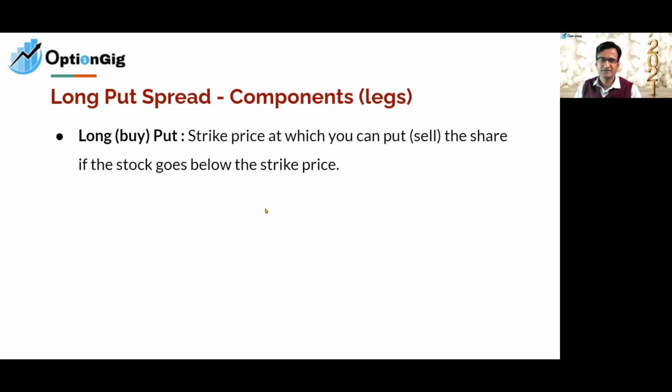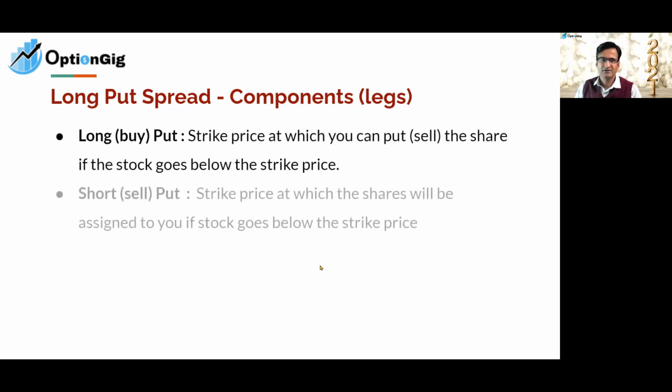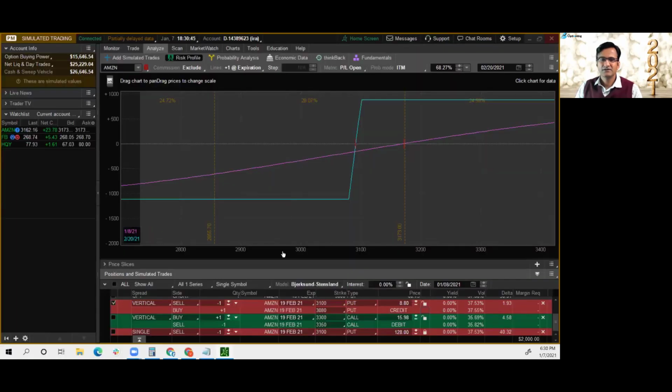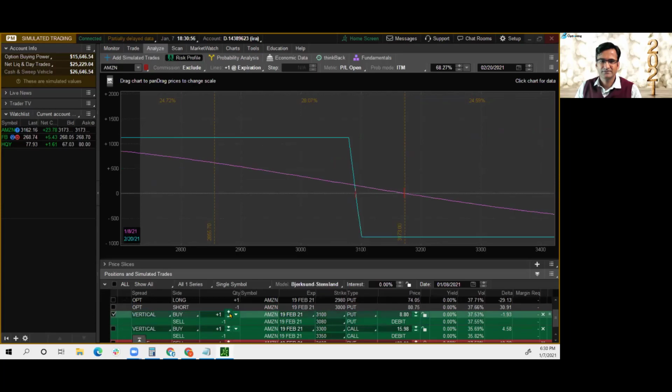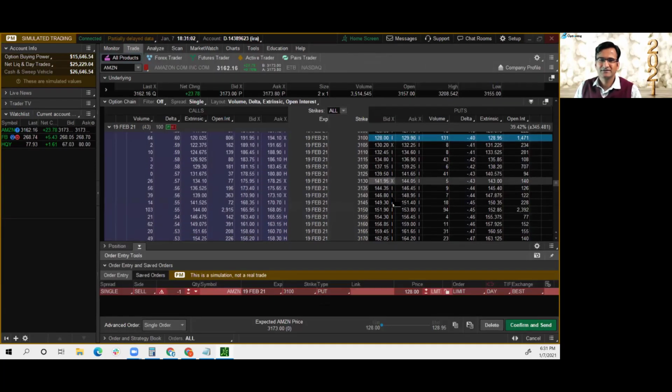In this case, you buy a put and then you sell a put at a lower price. Let's go back to the Amazon example. We had this put spread. Let me do it here on the screen.